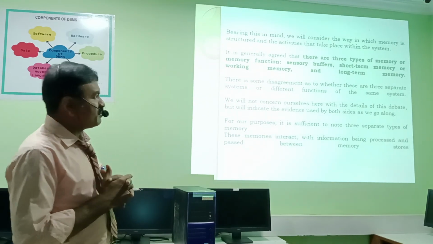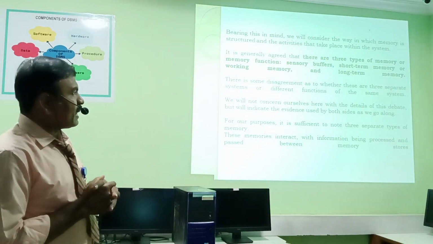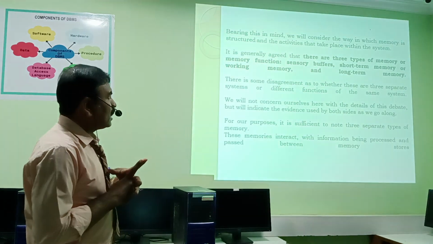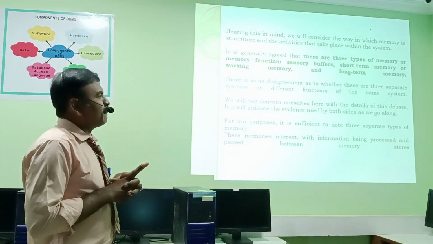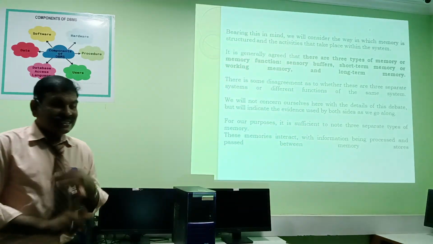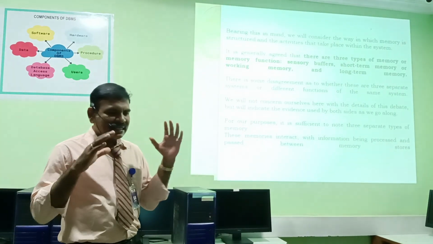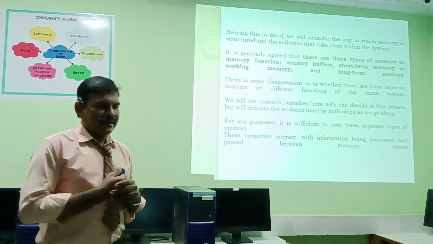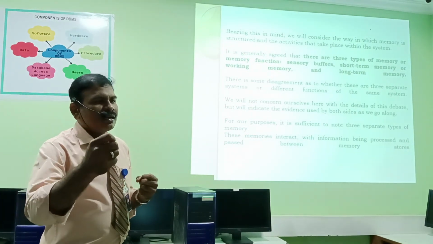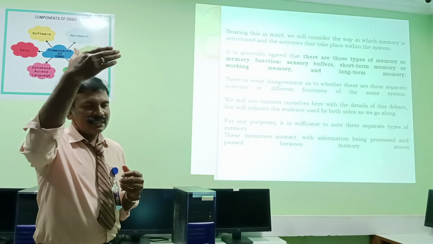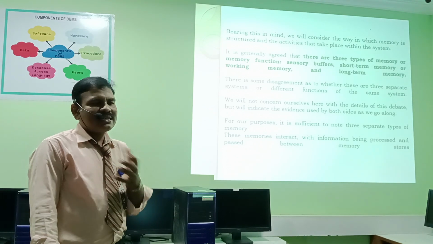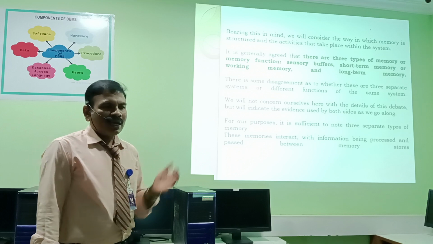Okay, so first the three types of memory: sensory buffer, short-term memory, and long-term memory. See here, the sensory memory. Every human has sensory memory. Sensory memory is about who is in front of us: the recognition of our visual input as well as human skin and hearing.